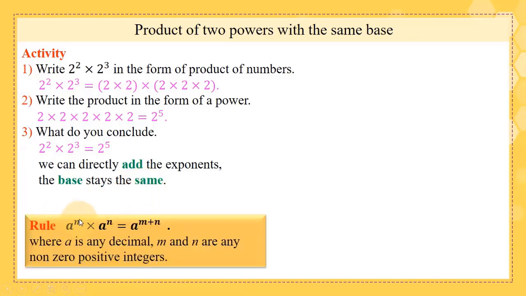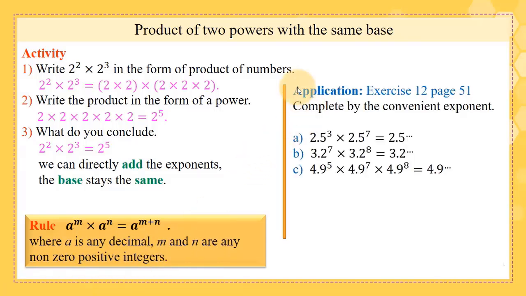Rule: a exponent m times a exponent n equals a exponent m plus n, where a is any decimal, m and n are any non-zero positive integers. Solve as an application, exercise 12, page 51. Please pause the video to solve. Solution.